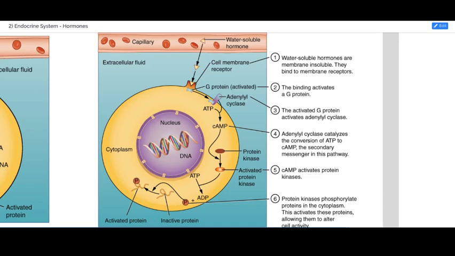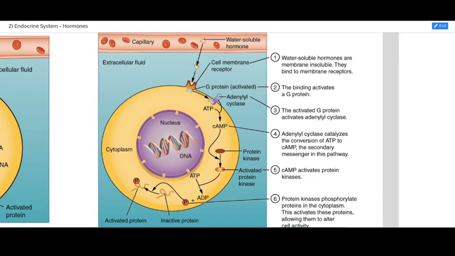In this example, there's a specific name for it. That effector protein will generate a signal within the cell called the second messenger or secondary messenger. The secondary messenger will then go on to cause metabolic changes within the cell of different sorts.